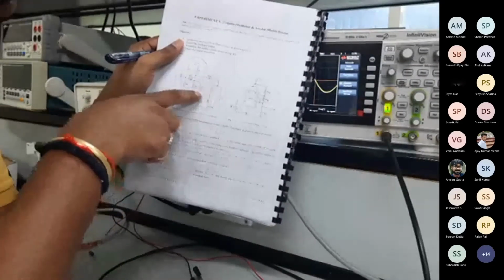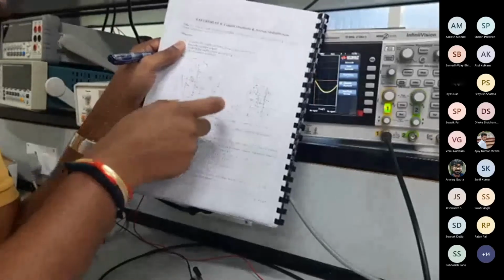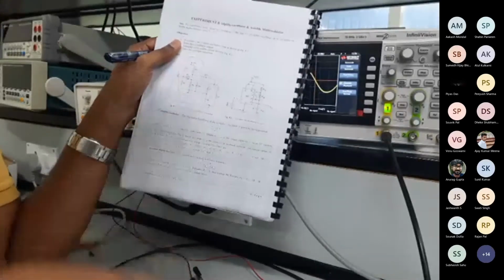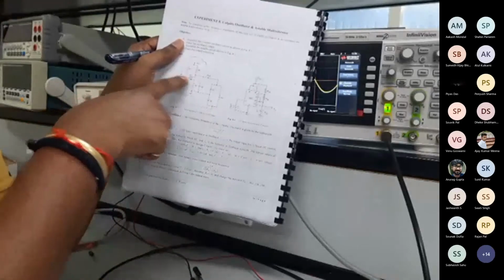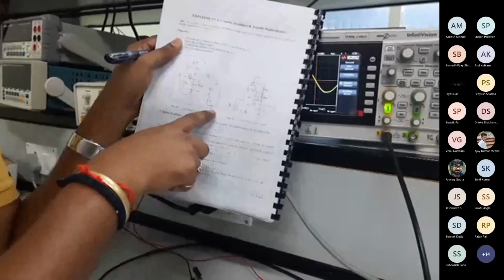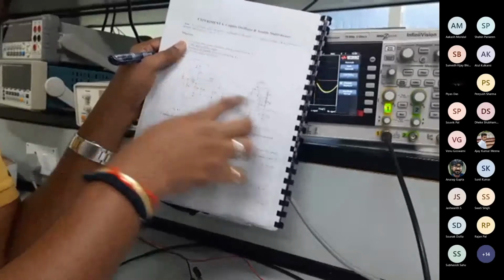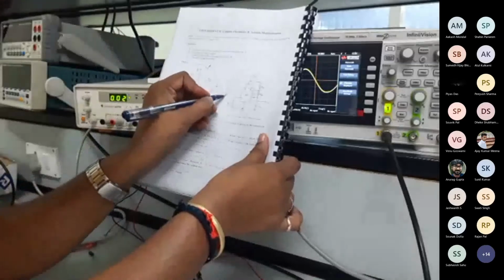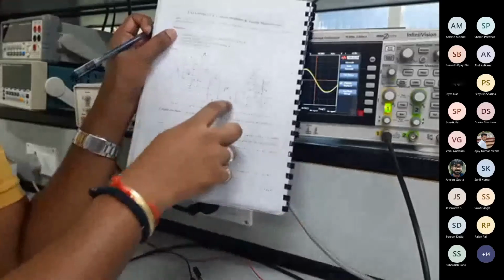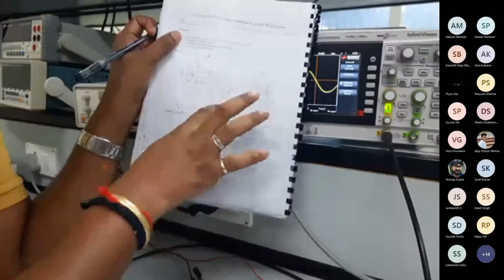You can break it; this is also ground, this is also ground. And the output of the feedback network is fed to the input of the amplifier. This is the feedback network. This is the active amplifier whose gain we can call A, and this is the beta.